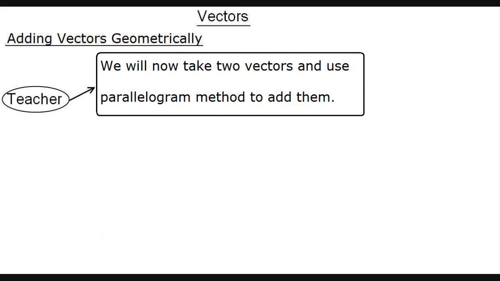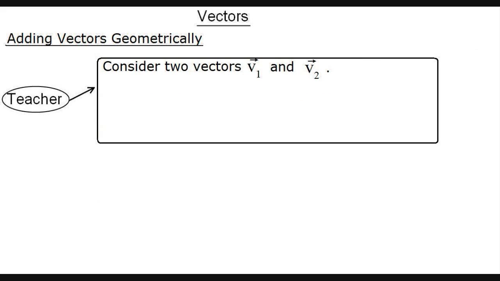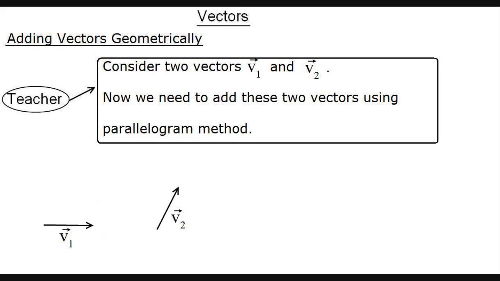We will now take two vectors and use parallelogram method to add them. Consider two vectors v1 bar and v2 bar. Now we need to add these two vectors using parallelogram method.